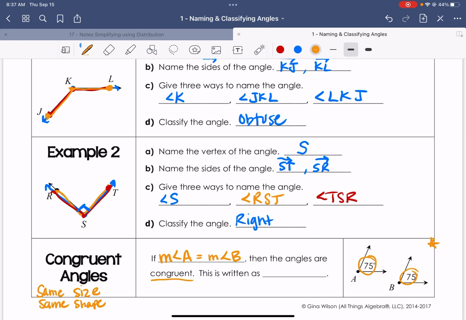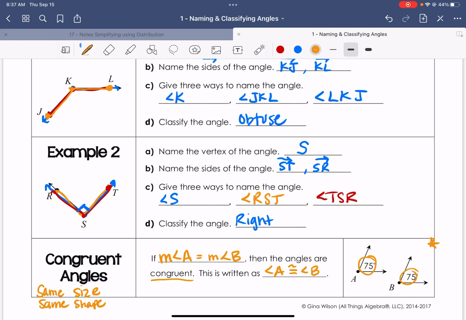So we can write that as angle A is congruent, a congruent sign is an equal sign with a little tilde above it, to angle B. Notice their measures are equal, but when we write just the angle, we say they're congruent. So we use two different symbols. It's not a huge deal because we know congruent is equal. Okay, so same size, same shape.